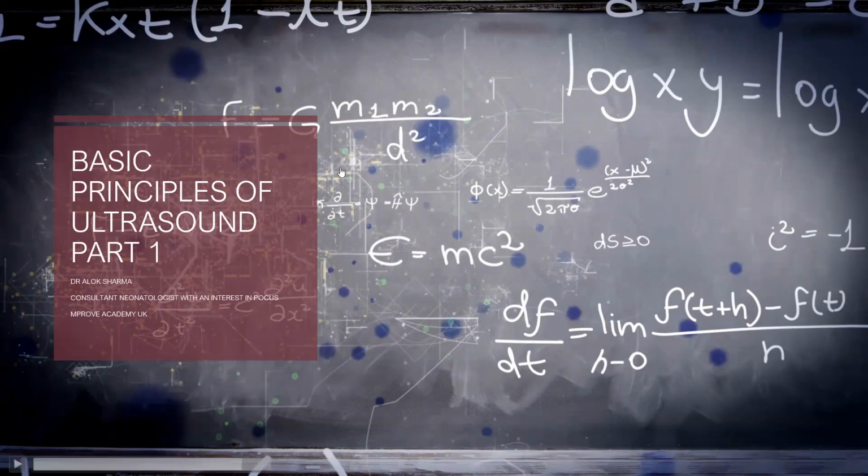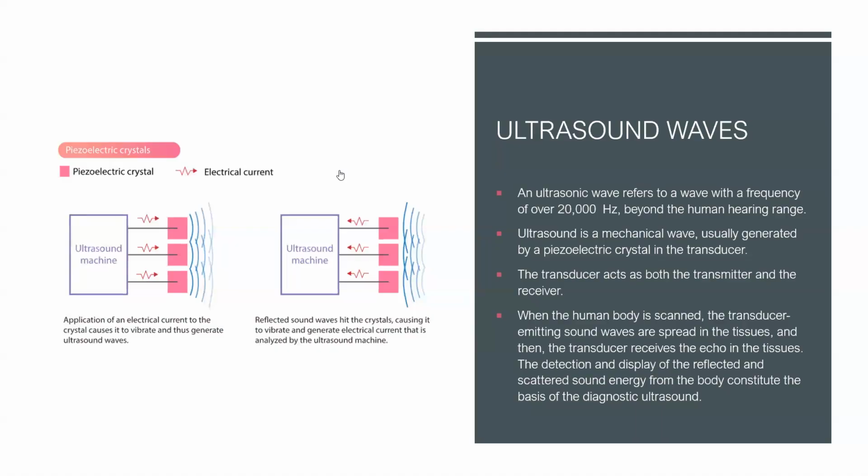Amazing. Okay. So what we're going to talk about today is the basic principles of ultrasound. And actually, what I am going to start with is just describing what ultrasound waves actually are. They tend to be waves with a frequency over 20,000. But for every ultrasound machine, what we've got is piezoelectric crystals.